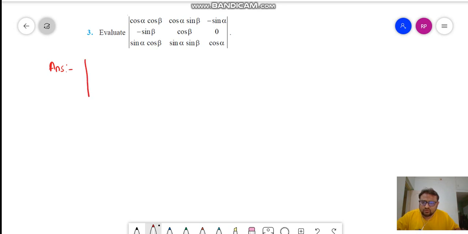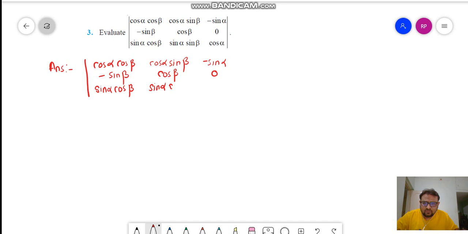First let's copy down the question. It is cos alpha cos beta, cos alpha sin beta, minus sin alpha; minus sin beta, cos beta, 0; sin alpha cos beta, sin alpha sin beta, and cos alpha.